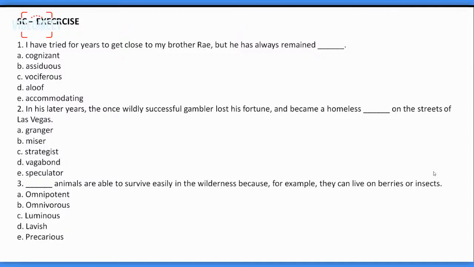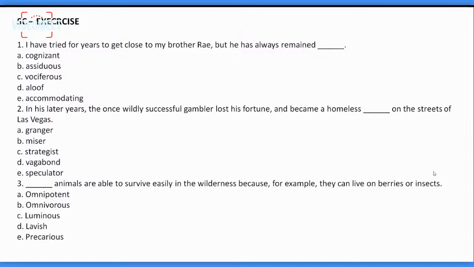So the first word here, granger. Granger means a farmer. So a farmer is most likely not going to be homeless, I think, right? So we would not say that it's a farmer, and we would eliminate option A. Now, miser. You must have heard this word very frequently.